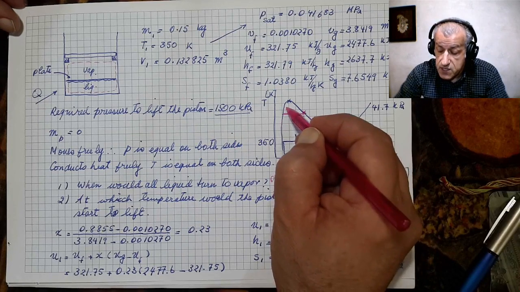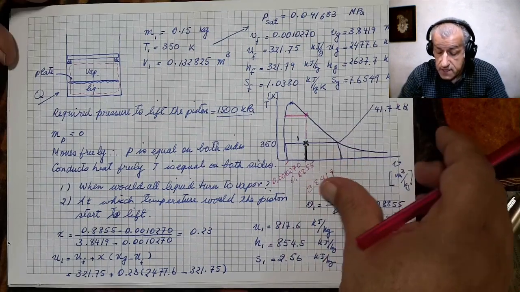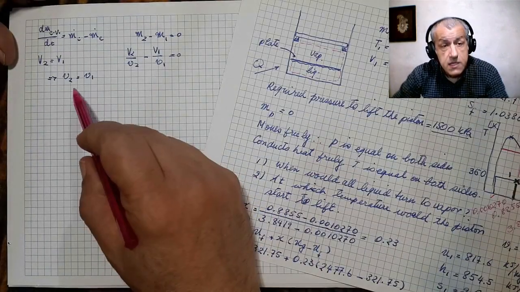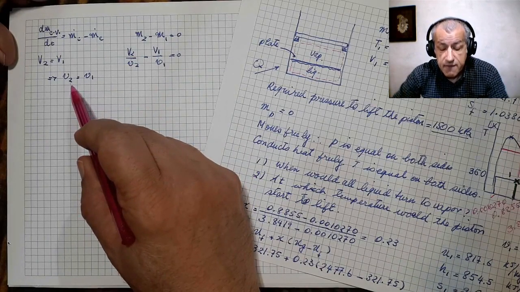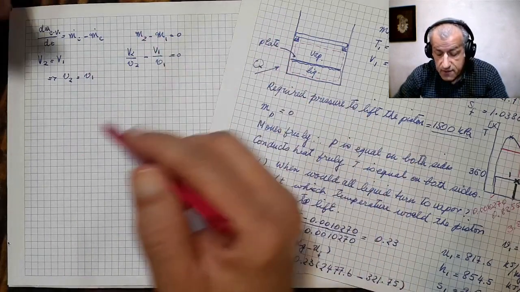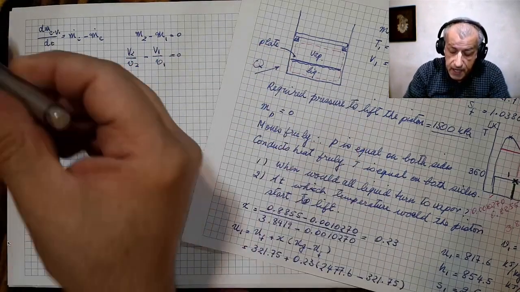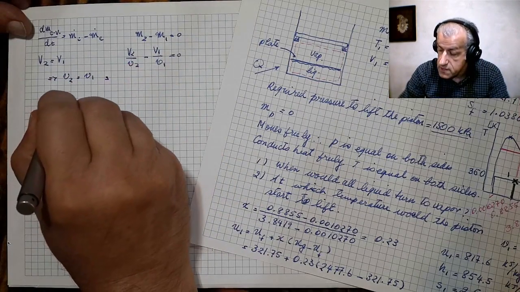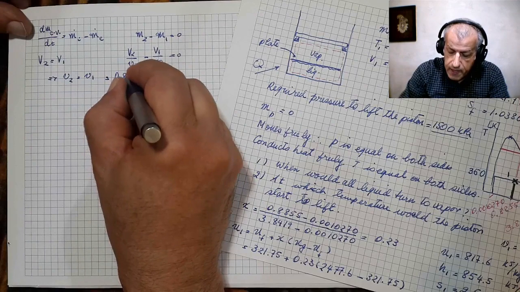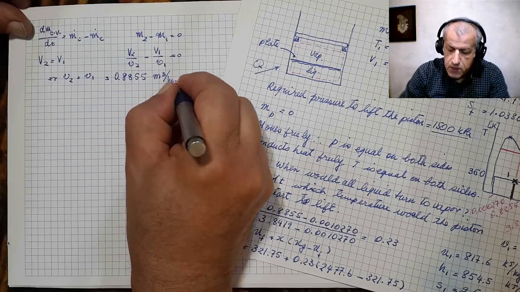But if the 1500 kilopascals is somewhere here, then the piston would not lift, and this case of V equals constant would continue until we reach saturated vapor. But as it is for our case, for the time being, v2 equals v1, and that equals 0.8855 cubic meters per kilogram.